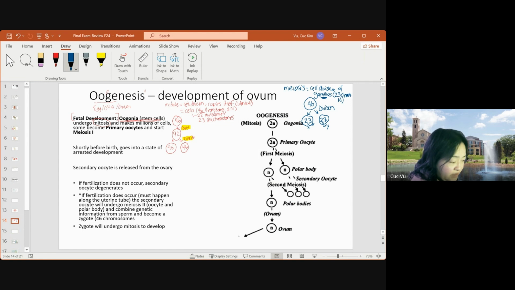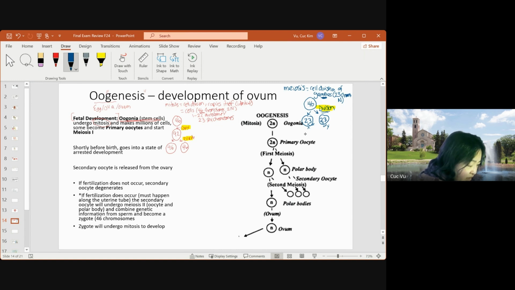So in meiosis, it first divides. There's a division happening first. Once it divides, it's going to go through another step. So this is meiosis 1. It's a cell division so that you end up with gametes. It starts off as 46. It's going to divide into 23.